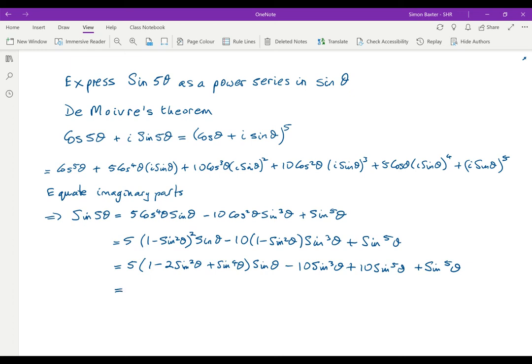What have we got now? We have 5 sine theta. Then we have 5 times minus 2 is minus 10 sine cubed theta. Minus 10 sine cubed theta minus another 10 sine cubed theta is minus 20 sine cubed theta.